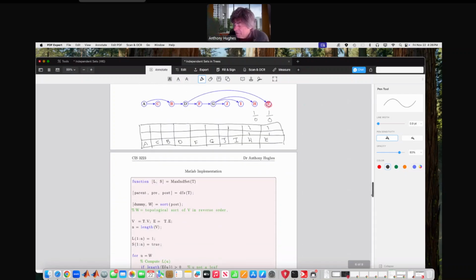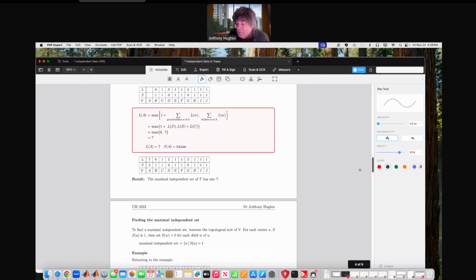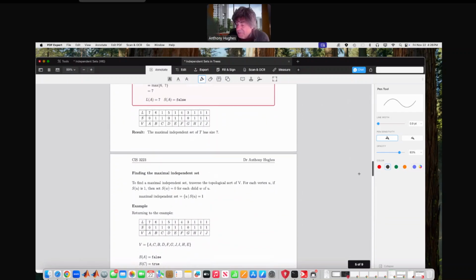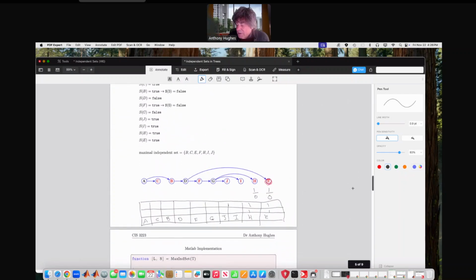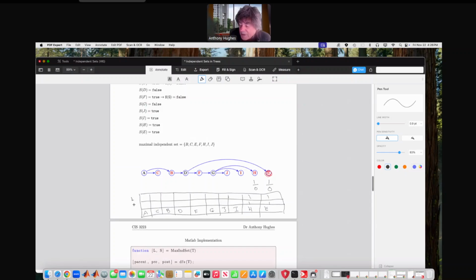So what this is, where's my table, is L, S, and the vertex. Let me go through. L is the largest independent set in the subtree. So in E, I pointed out, there's only one subtree. We choose it. So L is 1, and we include you. E got included.